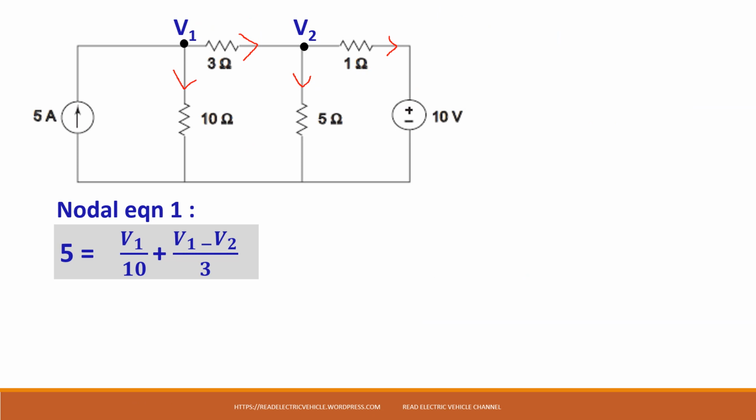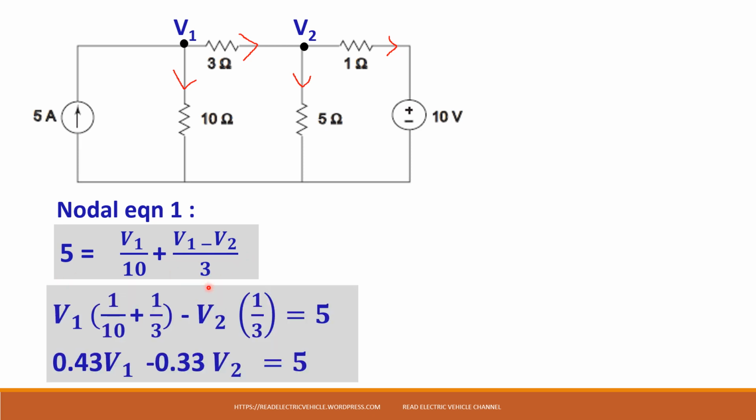So we have written the first equation. Let us simplify this equation. Just take V1 common terms, 1 by 10 and 1 by 3, minus V2 into 1 by 3, equal to 5. You can do this calculation and you will get this one.